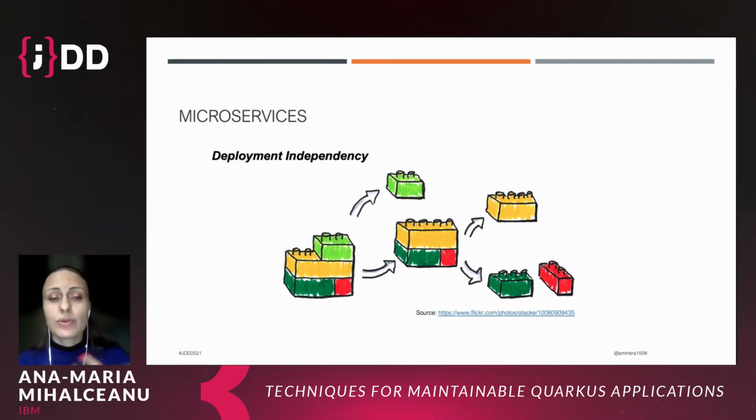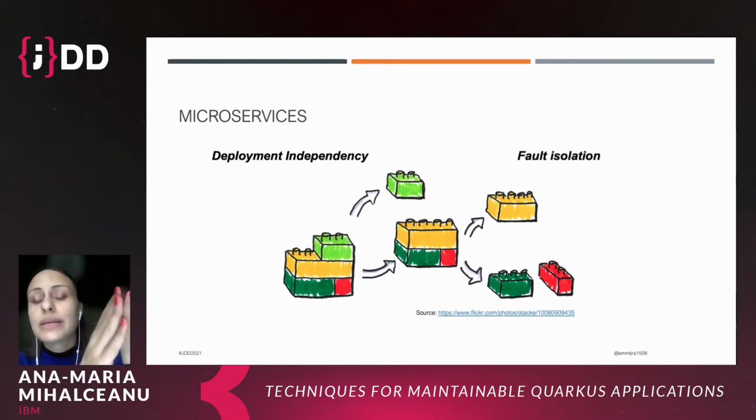And when I'm speaking about deployment independence, it means that those small apps can be deployed without waiting for something. The colleagues from operations are very happy that they don't have to wait for anything, except maybe for you to deliver the code, or maybe not wait at all if you have the right pipelines. And you yourself as a coder don't need to wait for another colleague to develop something, because you don't depend on the others.